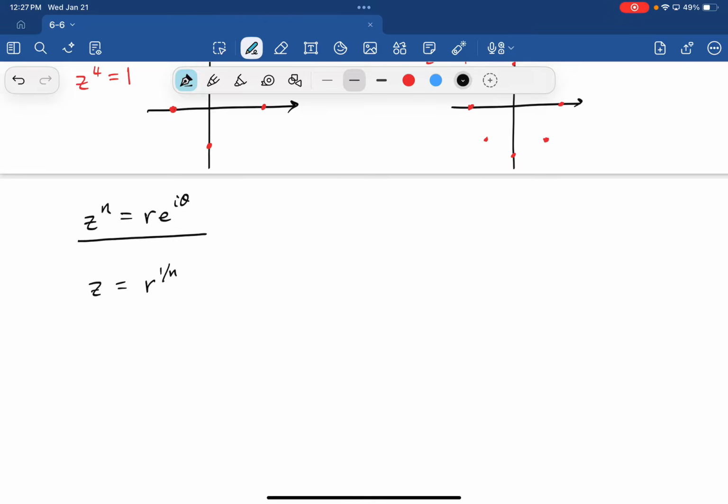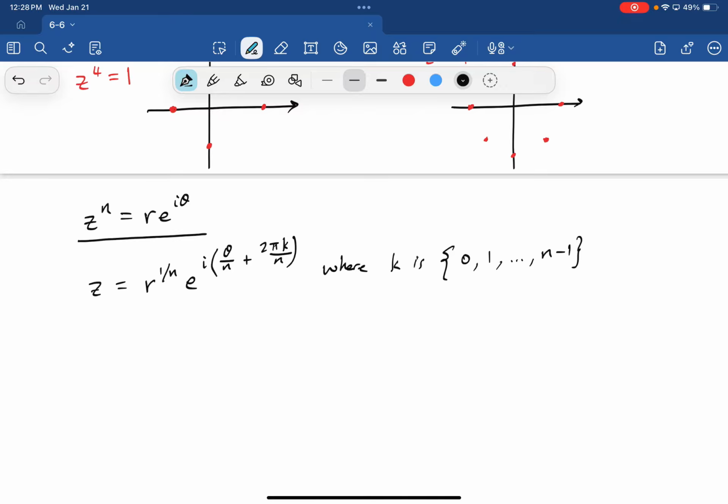z equals r to the power of 1 over n times e to the power of i times theta over n plus 2 pi k over n, where k is some integer 0, 1 to n minus 1.